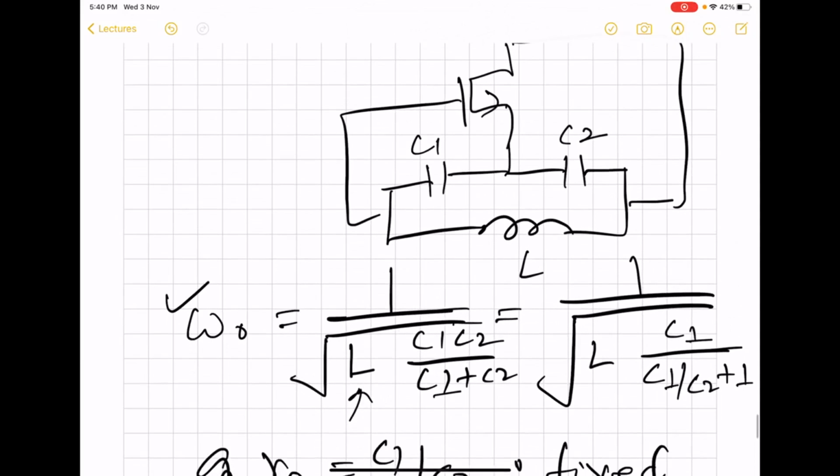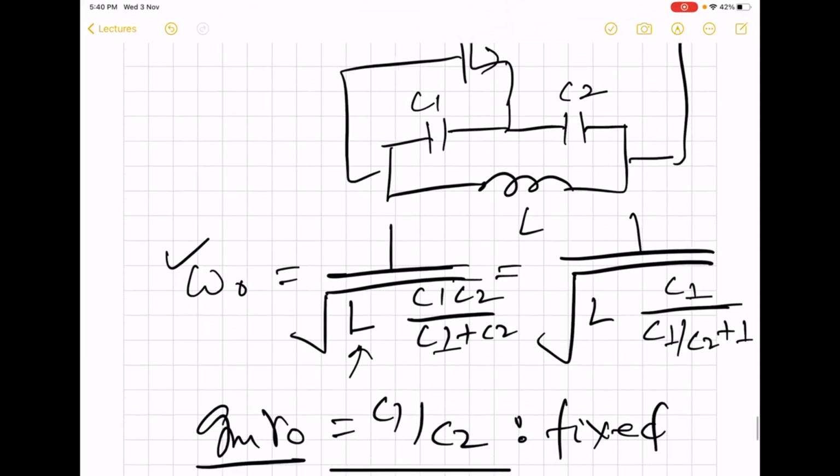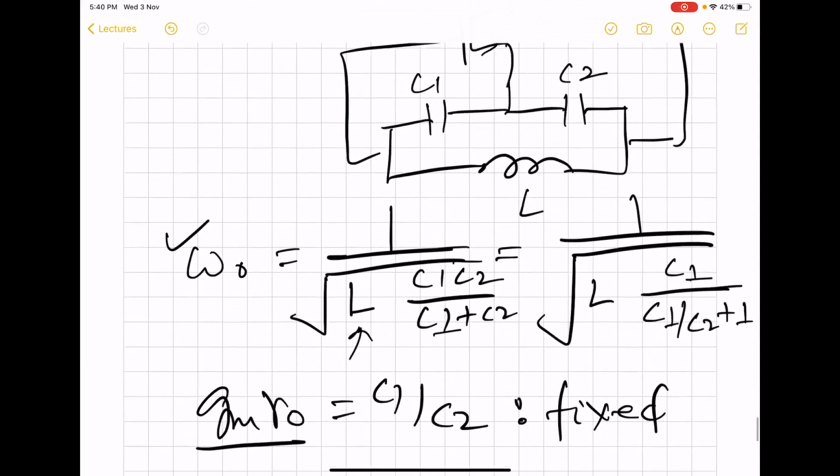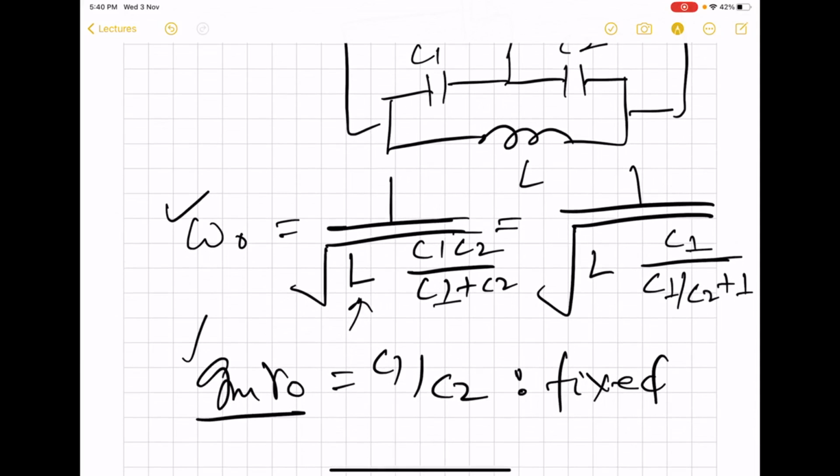So if we want to make this oscillator vary its oscillation frequency by changing a capacitor, say one of the capacitors, then we will invariably be changing GM also.